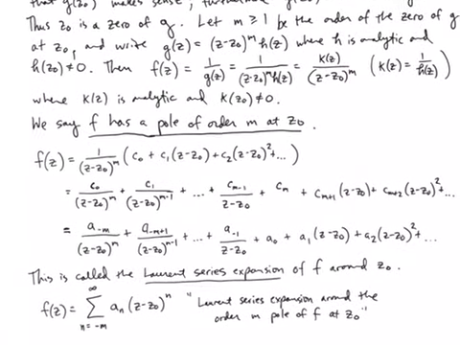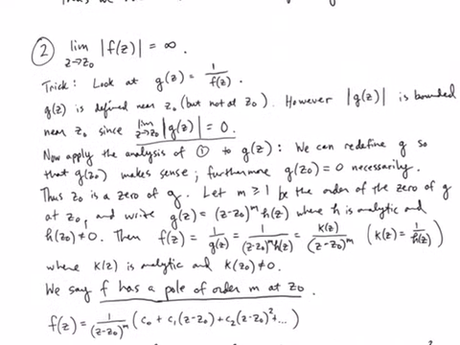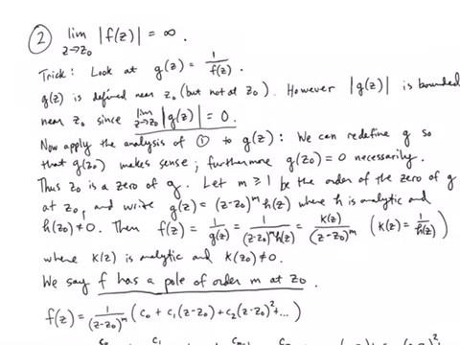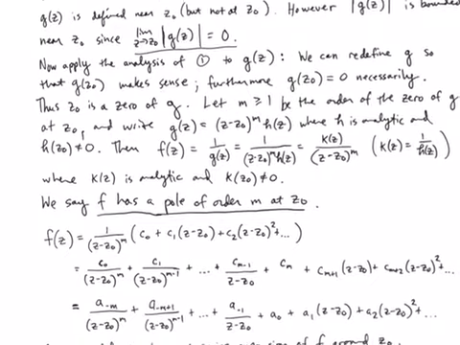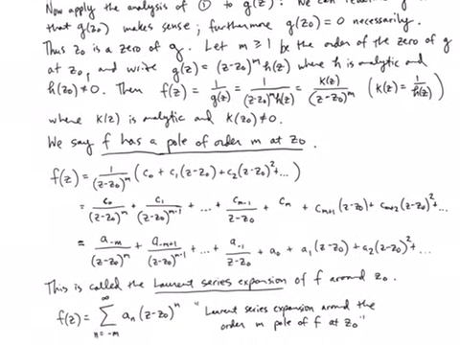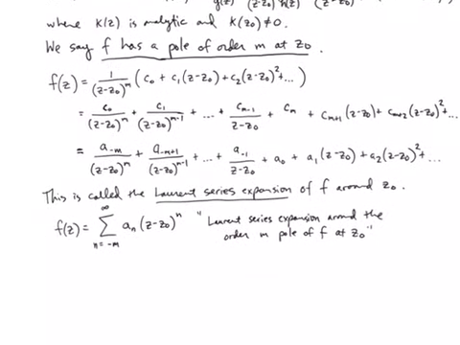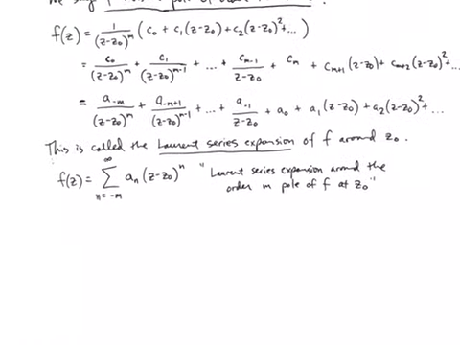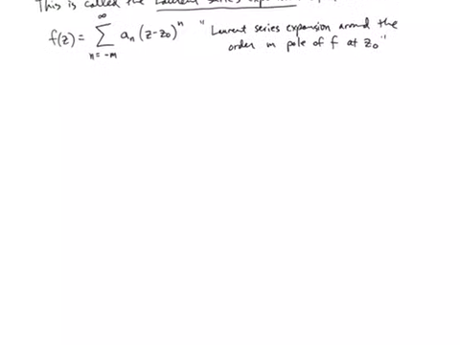That's what you can say in the case of a singularity that has this behavior. We deduce that it's an analytic function which doesn't vanish at our point z naught, times 1 over z minus z naught to the m. And that implies this new kind of series expansion for our function f locally around z naught. All right, so that's the case of a pole.